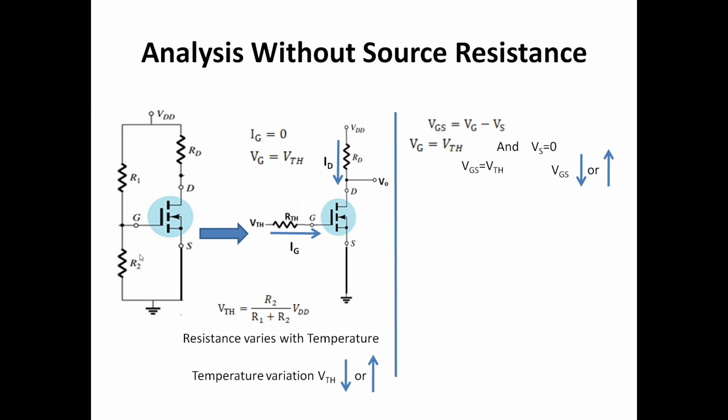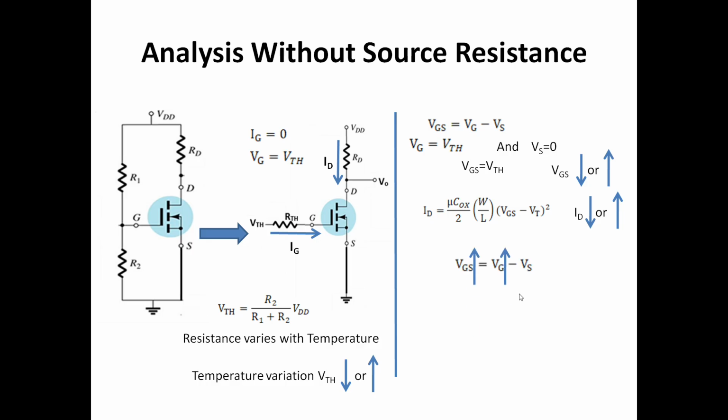Now due to the variation of resistance, if Vgs increases or decreases, that depends on Vth. So Vth increases or decreases, accordingly Vgs will increase or decrease. So if Vgs increases or decreases, then Id also will increase or decrease.